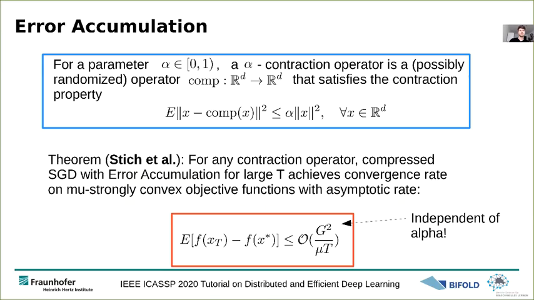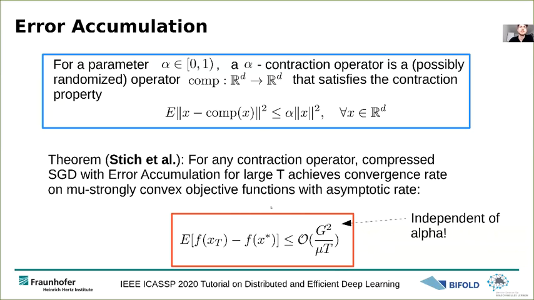So there's this key theoretical contribution by Stich et al., which says that for a biased compression operator which satisfies a contraction property, which is just this property here, this is given, and this is actually satisfied by most practically relevant biased compression operators, then we get this bound on the convergence.